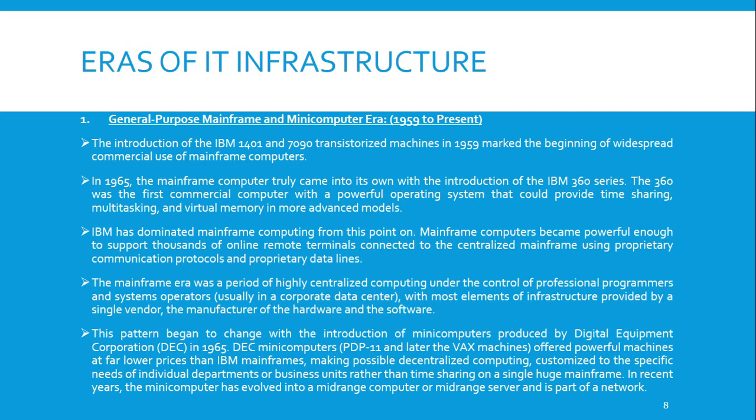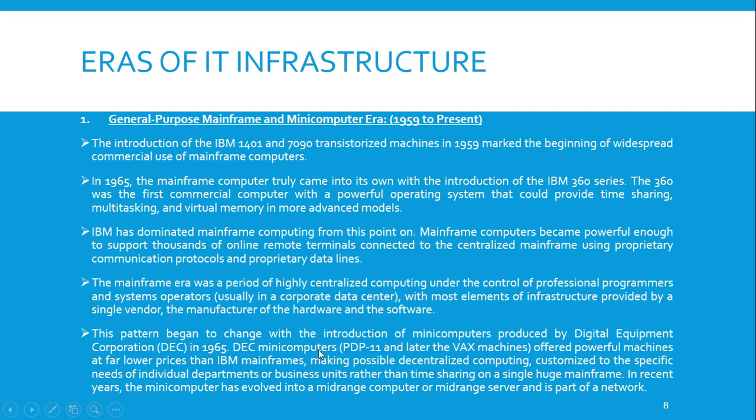That was another feature common to this mainframe era. And the third thing was that this whole mainframe computing was managed by a single vendor who was the manufacturer of the hardware and the software.